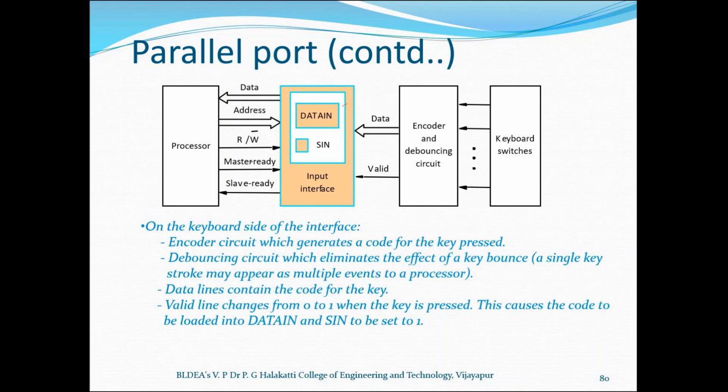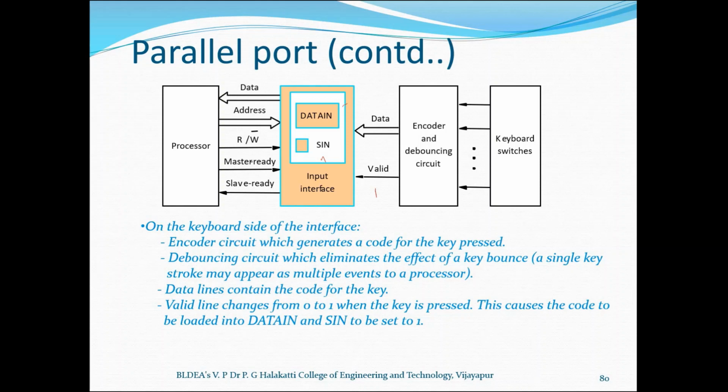When a key is pressed, the valid signal changes from 0 to 1, causing the ASCII code to be loaded into data in, and S in will be set to 1. When the processor reads the character from data in, S in is cleared to 0.